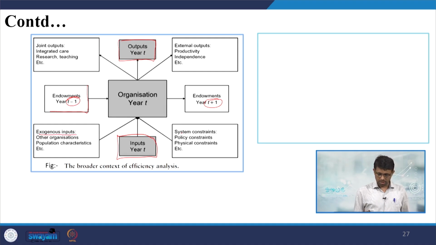Some system constraints may be there, like policy constraints, physical constraints, etc. And there are joint outputs as well, such as integrated care, research, teaching, etc. And external outputs such as productivity and independence of the system should also be somewhere included in the analysis.